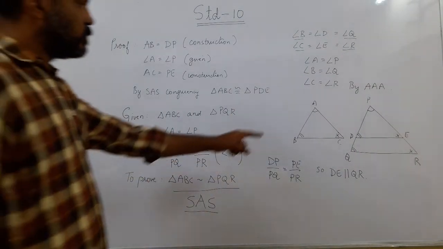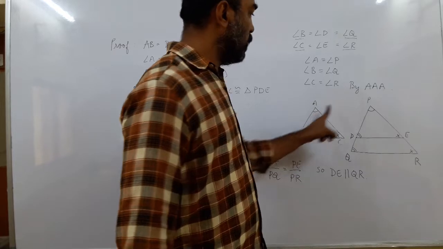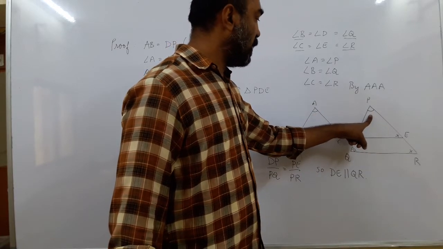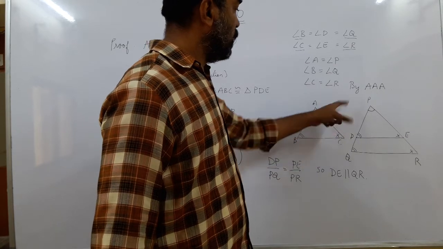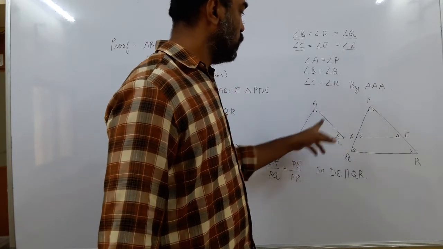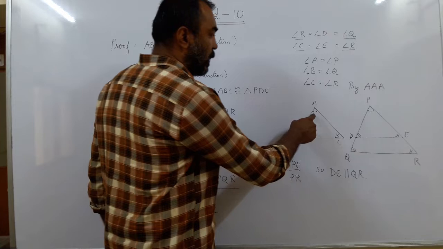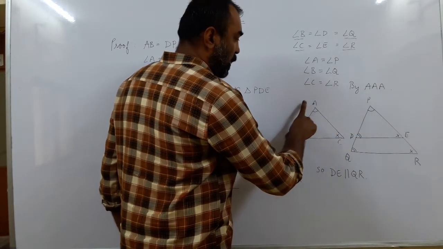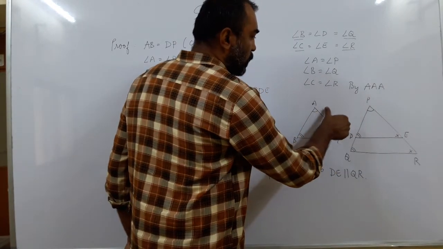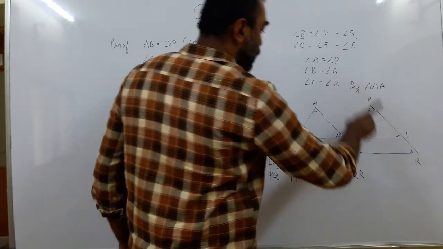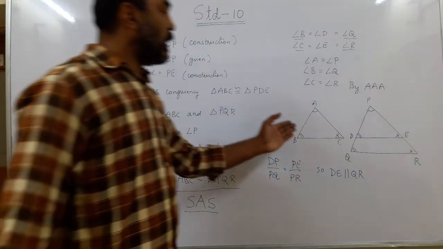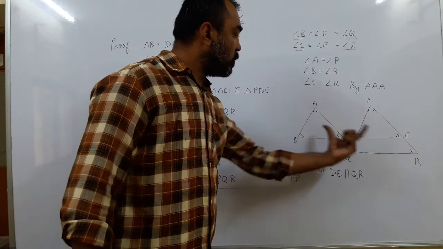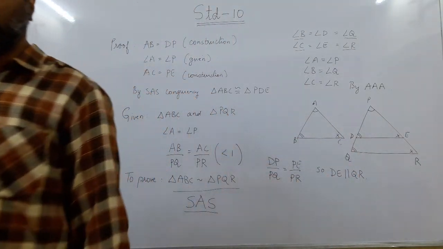I repeat, if one angle of one triangle is equal to one angle of another triangle and the sides which include the angle are in the same ratio, so what we had? We had angle A equal to angle P and we had AB upon PQ equal to AC upon PR, then the two triangles are similar. So if they are similar, then the remaining angles also become equal and the third side also becomes in the same proportion.